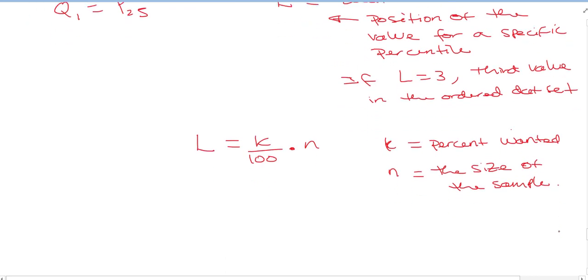So that means that in order to find Q1, which is our 25th percentile, our locator value is going to be 25 over 100 times N. We have 10 items, 10 restaurant receipts in our data.